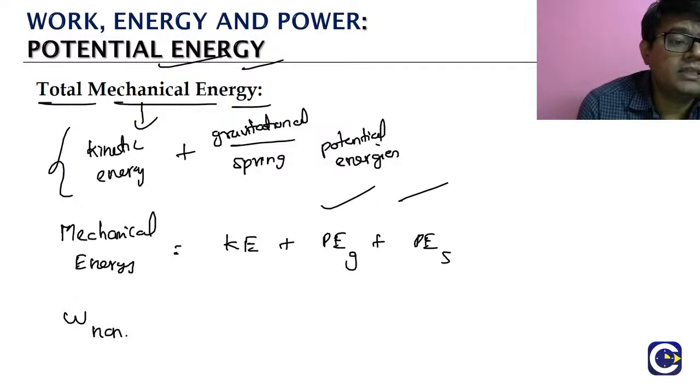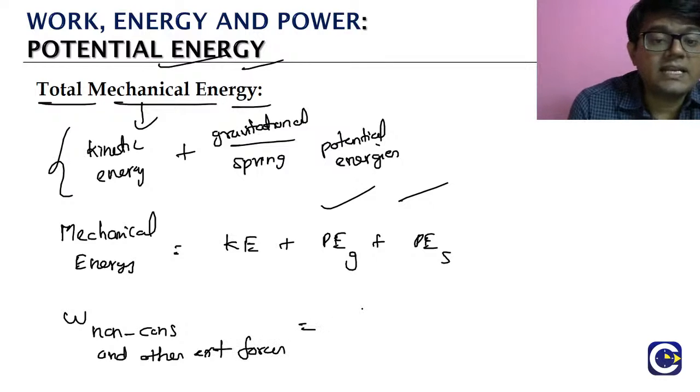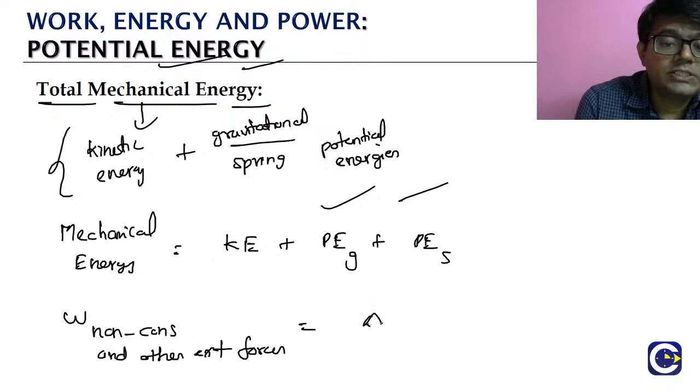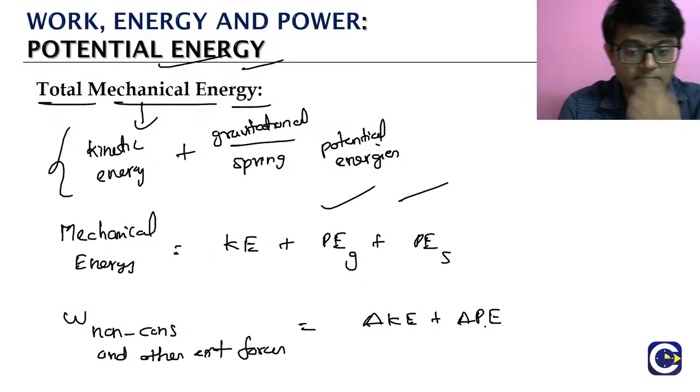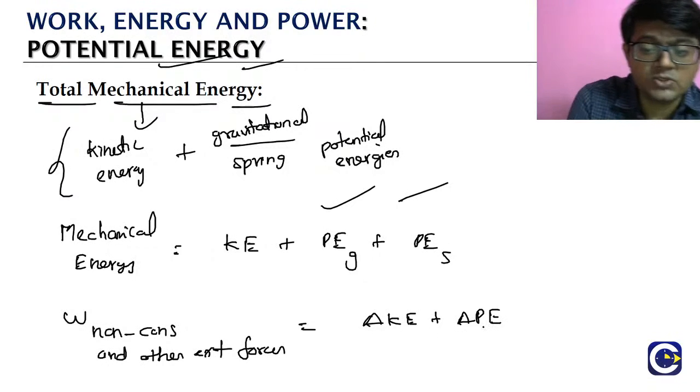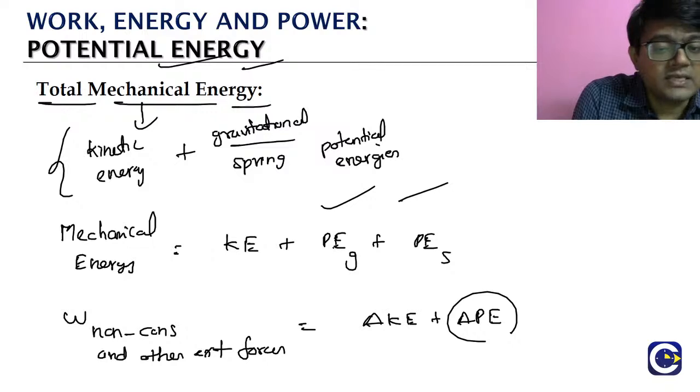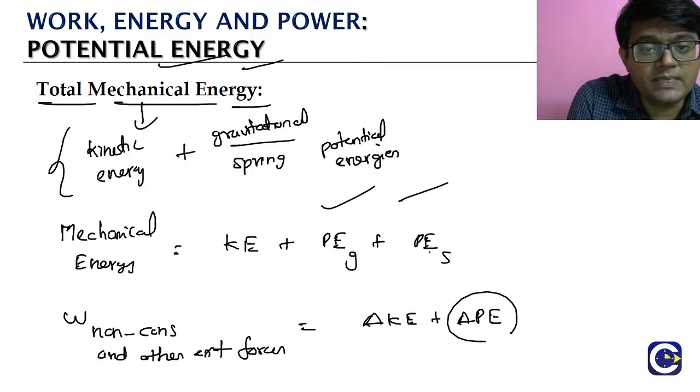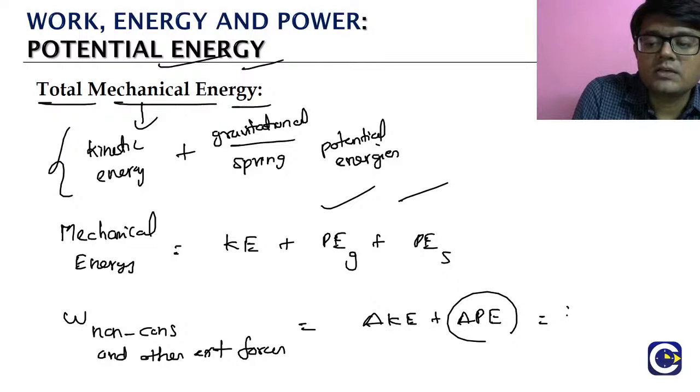Work done by all the non-conservative forces and other external forces is equal to change in kinetic energy plus change in potential energy. Change in potential energy means we will have gravitational, and if there is a spring you will have spring also. So here, change means what? KE final minus KE initial.